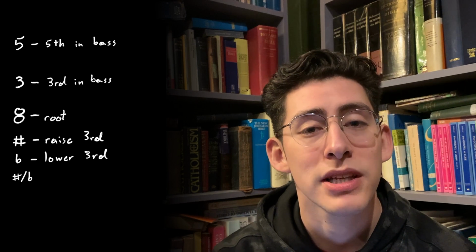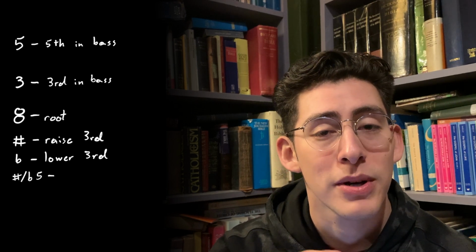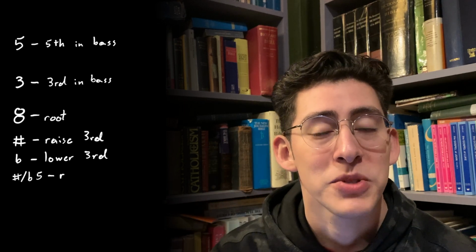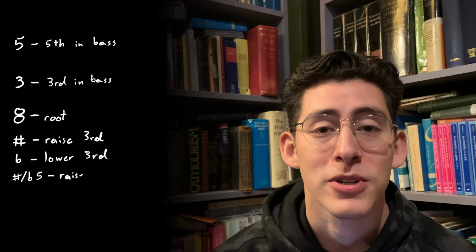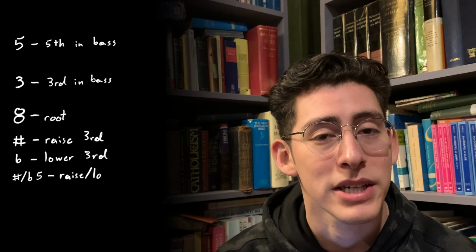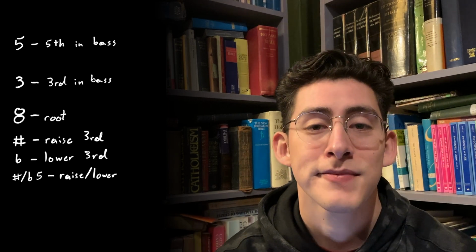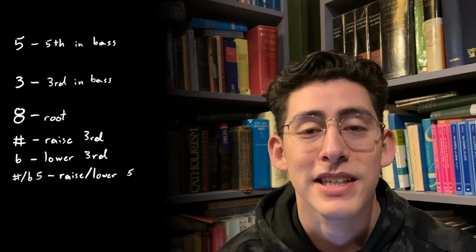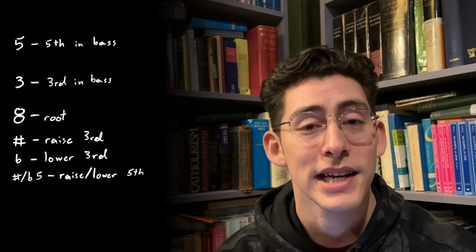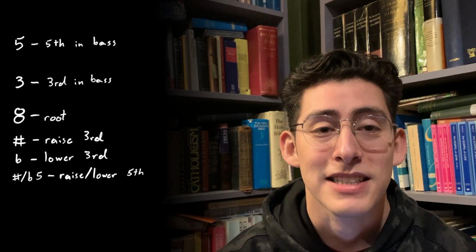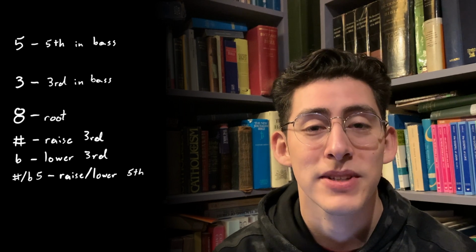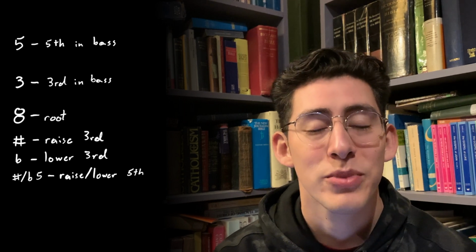The most common one you might see is a sharp and then a 5, which means regardless of inversion, the fifth of that chord has to be raised a semitone. In the case of something like this, that would create an augmented triad, which obviously is not something we like to deal with here, but we're going to have to learn how to deal with it pretty efficiently.